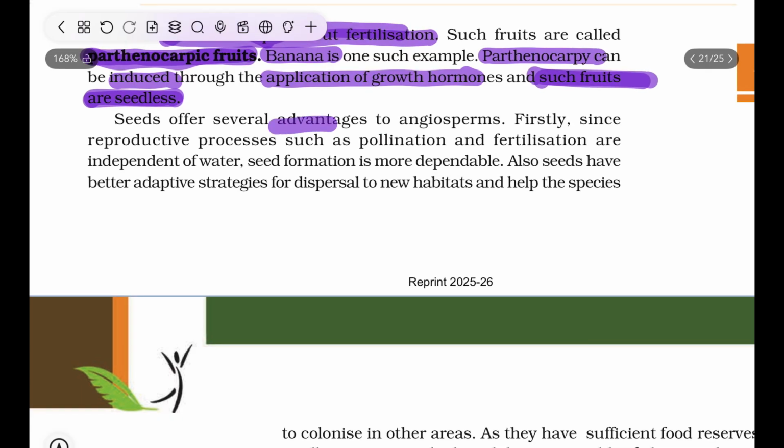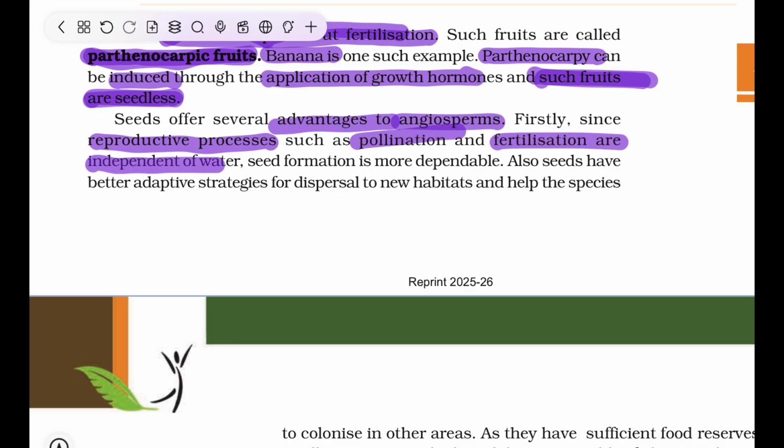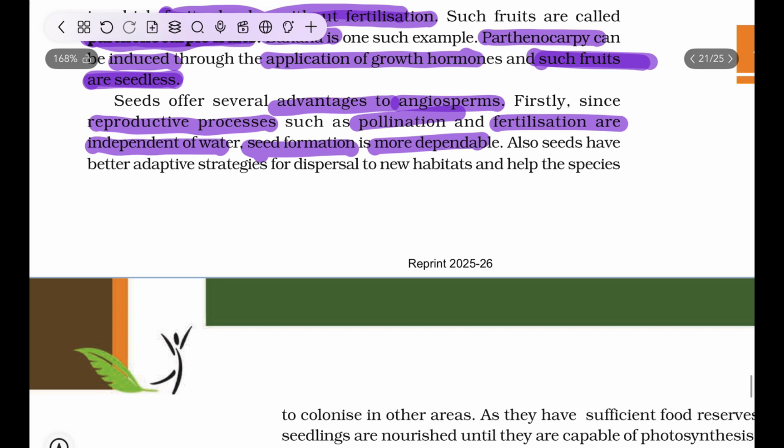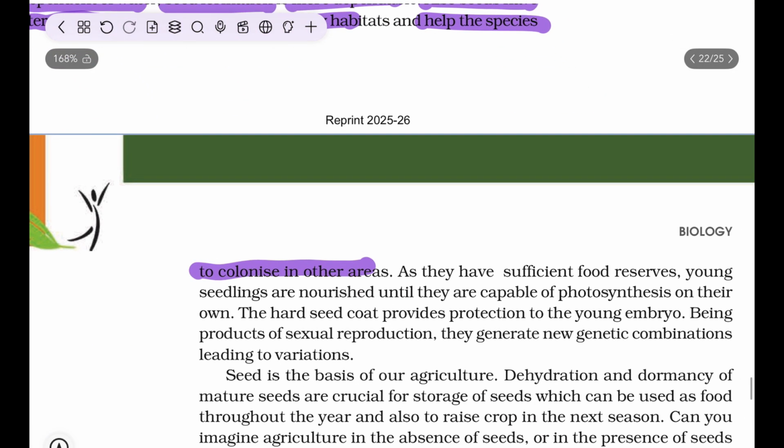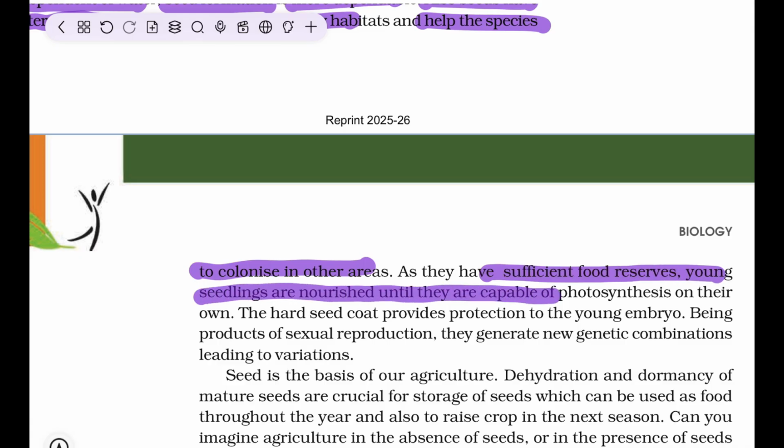Seeds are often an advantage to angiosperms. Firstly, their reproductive processes such as pollination and fertilization are independent of water. Seed formation is more dependable. Also, seeds have better adaptive strategies for dispersal to new habitats and help the species to colonize another area. They have sufficient food reserve. Young seedlings are nourished until they are capable of photosynthesis on their own.